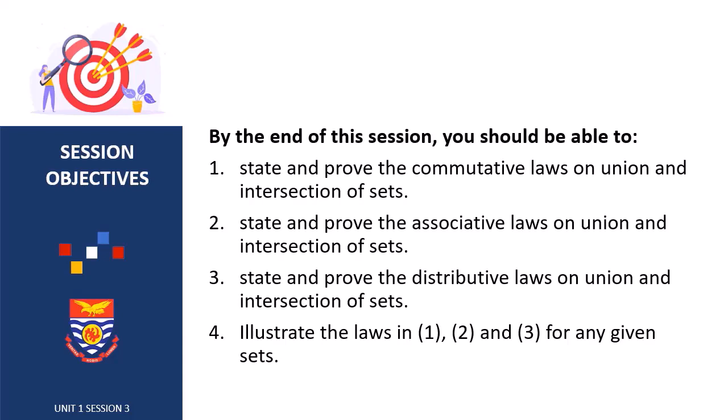State and prove the associative laws on union and intersection of sets. 3. State and prove the distributive laws on union and intersection of sets. And 4. Illustrate the laws in 1, 2, and 3 for any given sets.